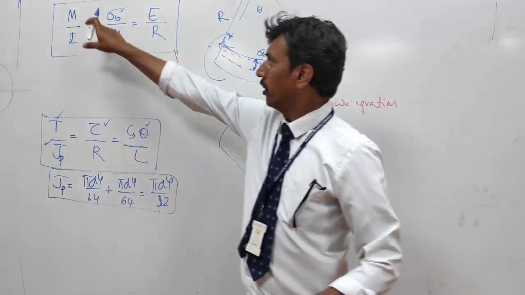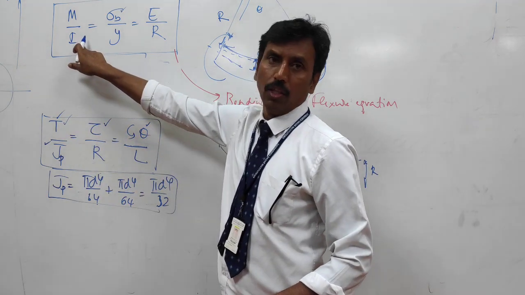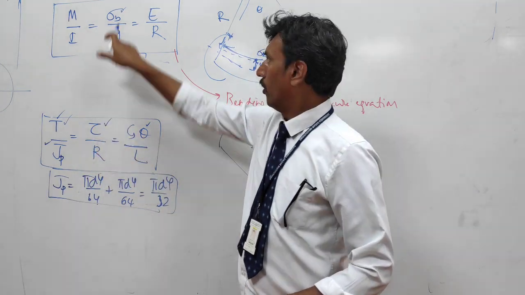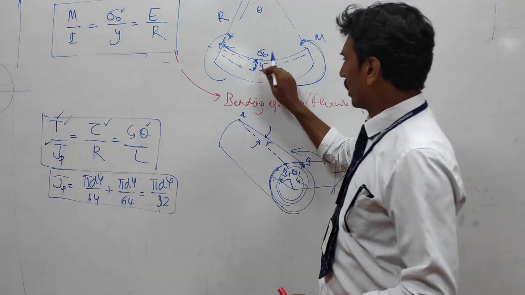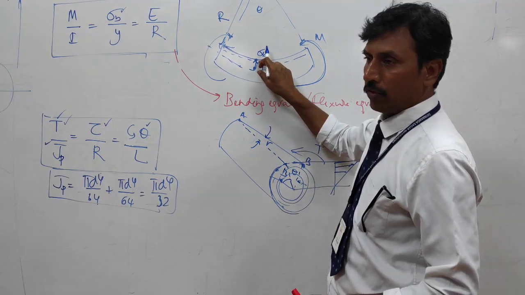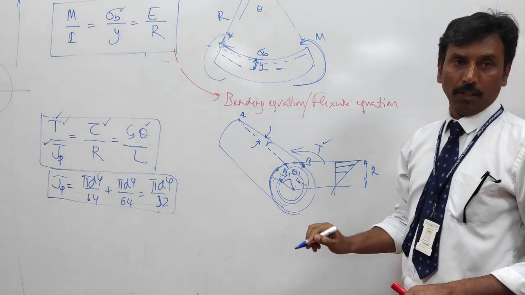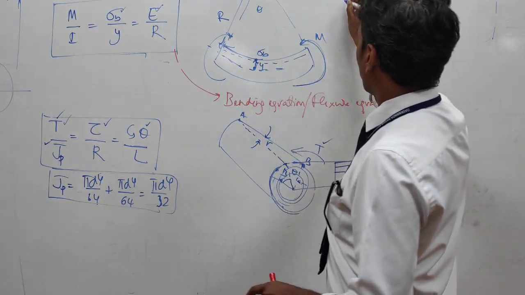So like this, you know M, you know torque. Instead of moment of inertia, you have polar moment of inertia. Instead of bending stress, you have shear stress. Instead of the distance from the neutral axis to any fiber, you have the distance from the center to any radial fiber. And instead of Young's modulus, what is Young's modulus basically?